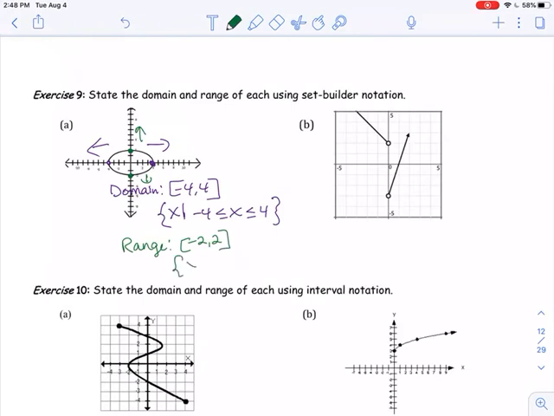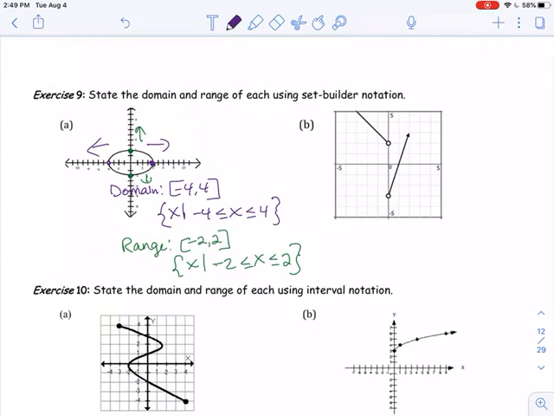So again, if it was an interval notation, which is a lot easier to do, otherwise x, such that x is going to be between -2 and 2. I am including them, so I do have my equal signs there.